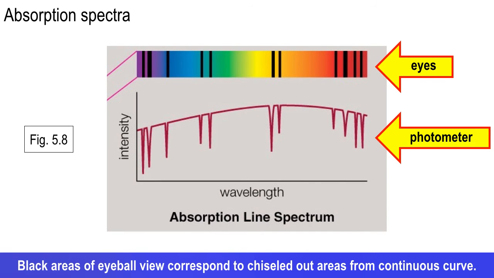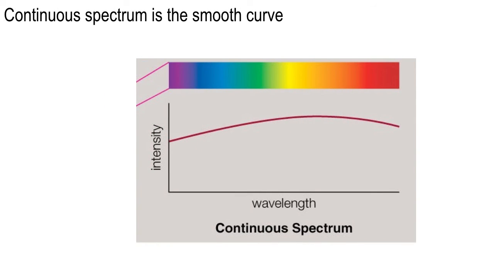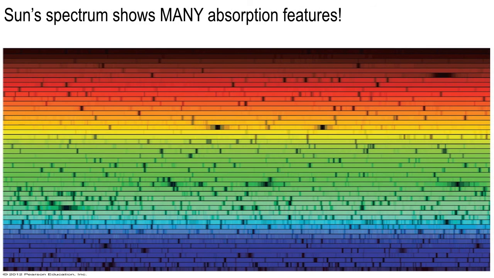Now here's the third kind of spectrum, the continuous spectrum. A hot thermal light source, like an incandescent bulb. And the sun shows many absorption features. It's a continuous spectrum with a jillion absorption features. Go ahead and write that vocabulary term down, absorption features.